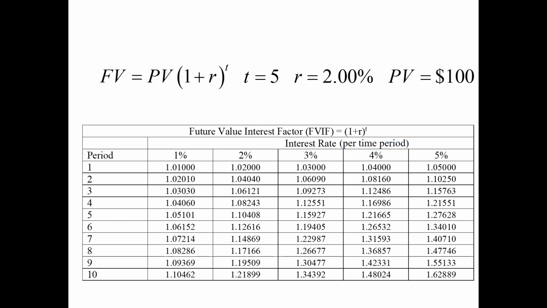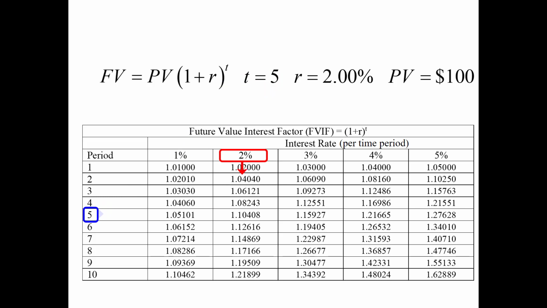And so with this example, we could use our future value interest factor table, where our future value interest factor, FVIF, is 1 plus r to the t. And what we would do is simply find our interest rate. In this case, it's going to be an interest rate per time period, but we're dealing with years, so we can think of it as our APR, or annual percentage rate. We have a value of 2%. And our time periods, in this case, we're dealing with 5 years, so it'll be 5 time periods.